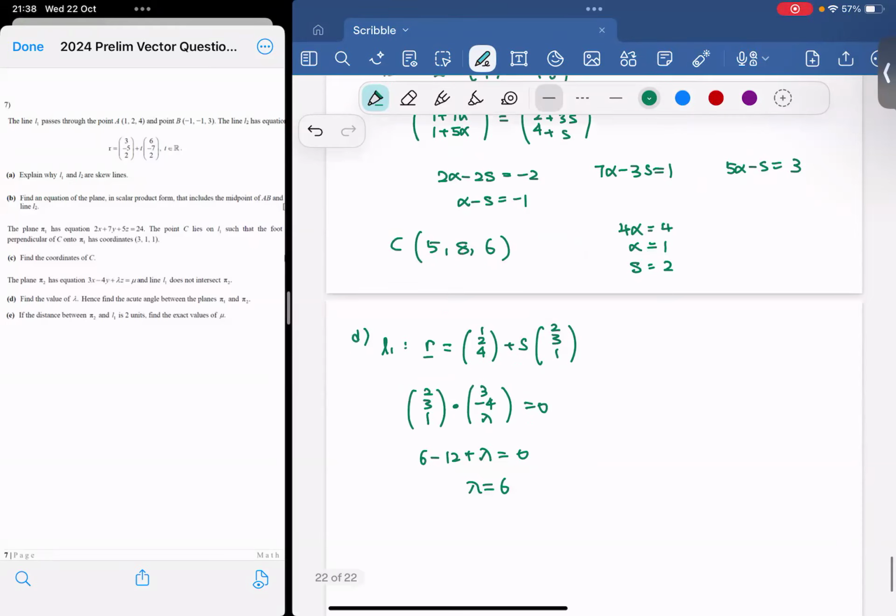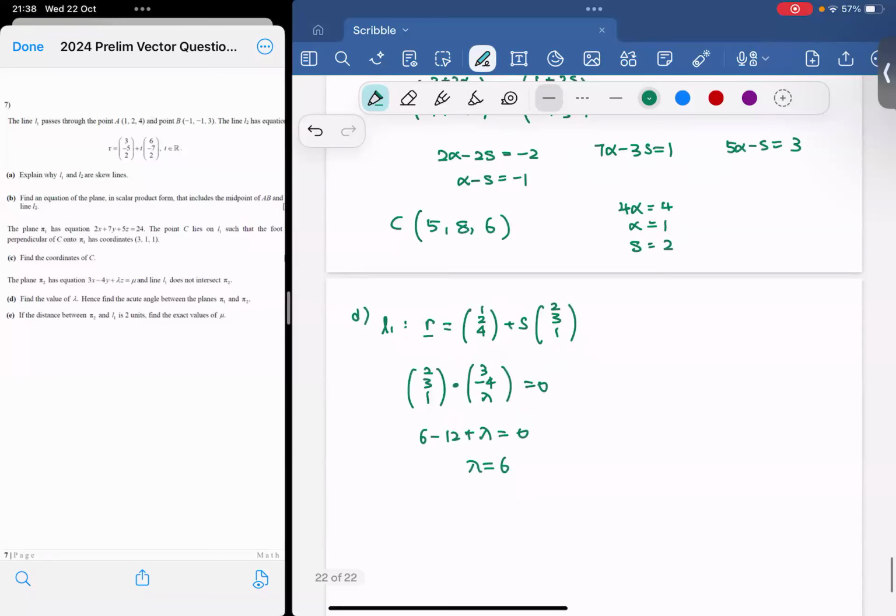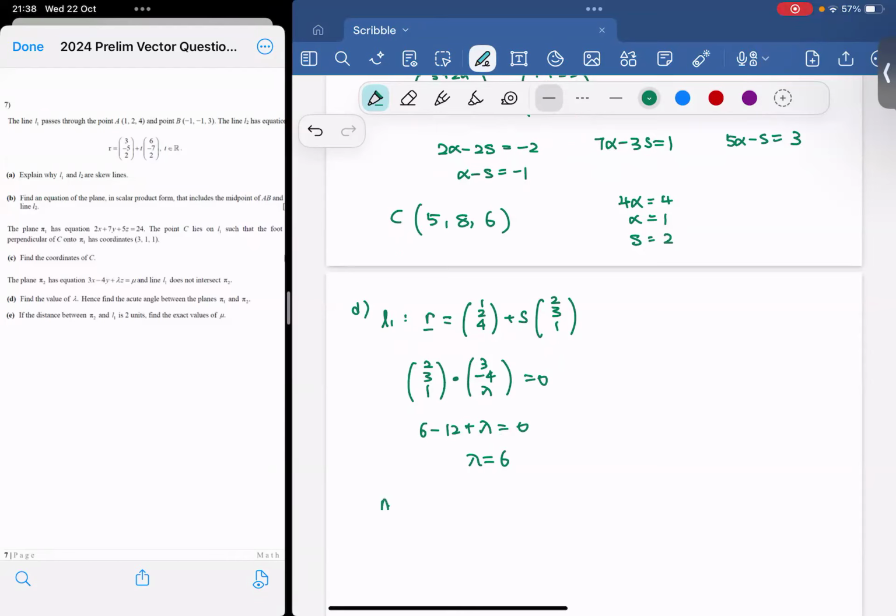Hence, find the acute angle between the planes. To find the acute angle between the planes, it is just the angle between the normals. So, cosine theta equals (3, -4, 6) dot (2, 7, 5) over square root of 9 plus 16 plus 36 times square root of 4 plus 49 plus 25.